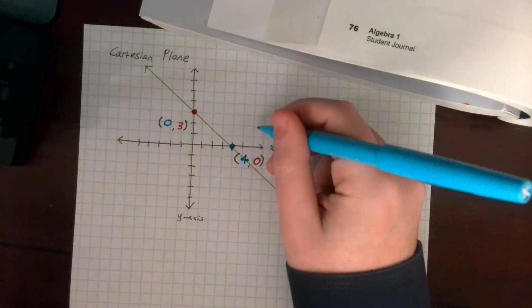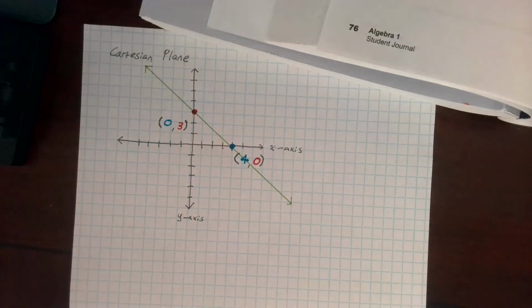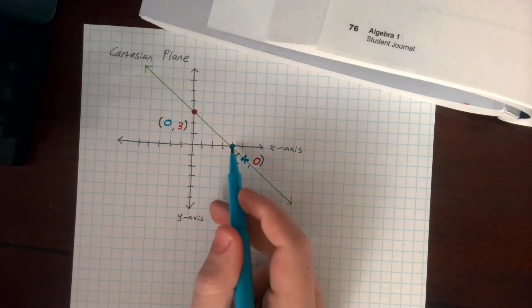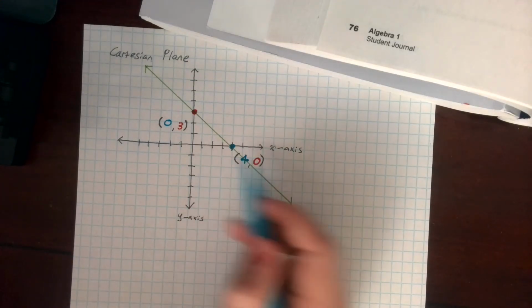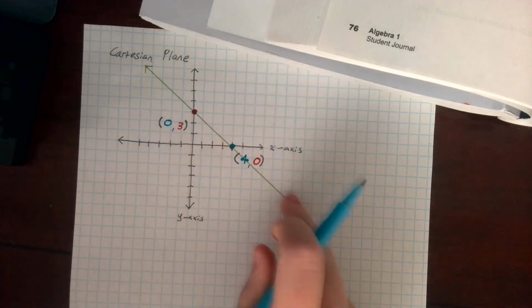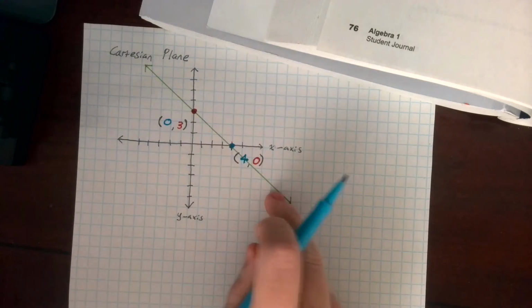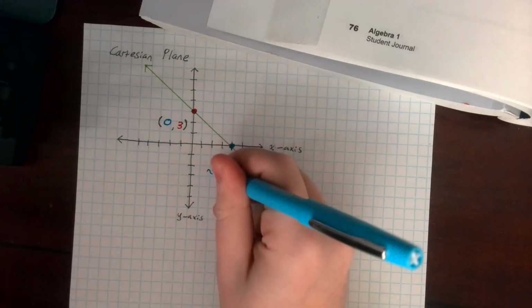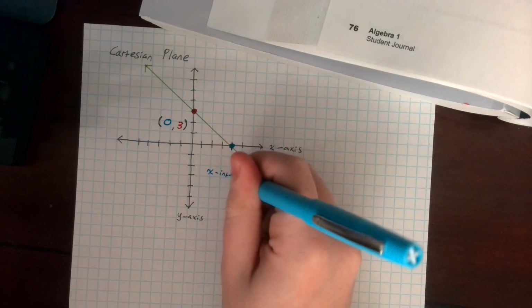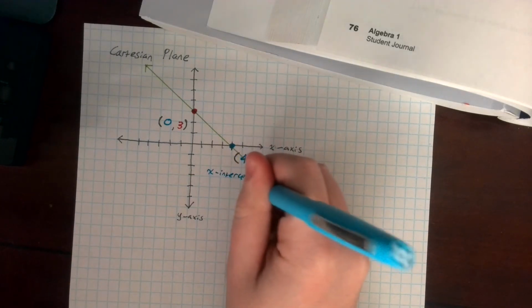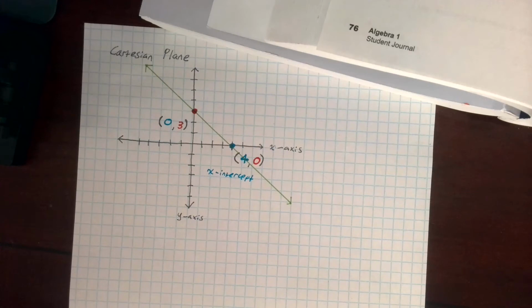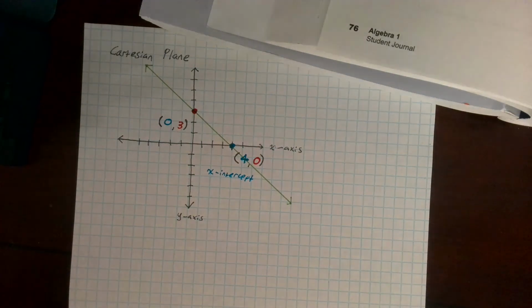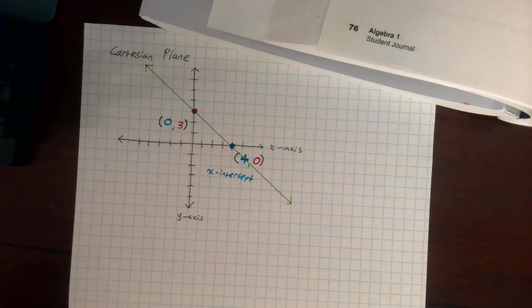We call them intercepts. So this dot right here intercepts our x-axis, right? It's where the line goes through the x-axis. Because of that, we call it our x-intercept. On Big Ideas, you might be asked to find what is your intercept.